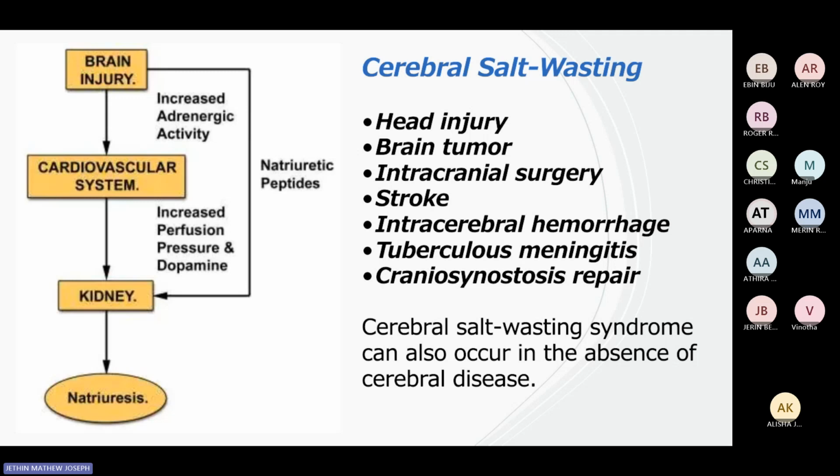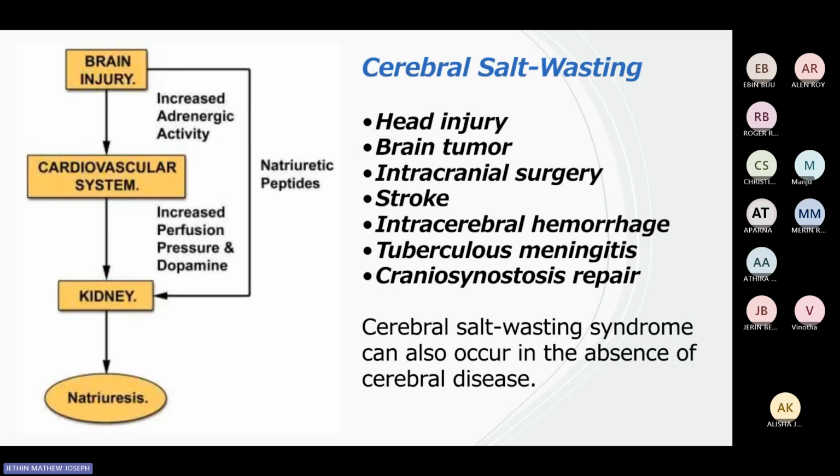Some of the hypothesized mechanisms are that brain injury can cause an increase in sympathetic activity and adrenergic activity, which will increase the kidney perfusion, and as a result, natriuresis can occur.